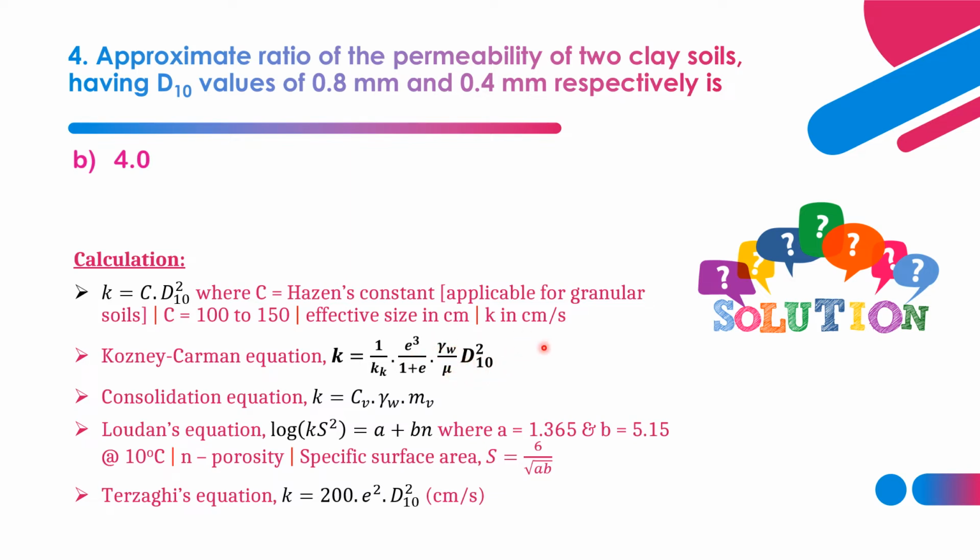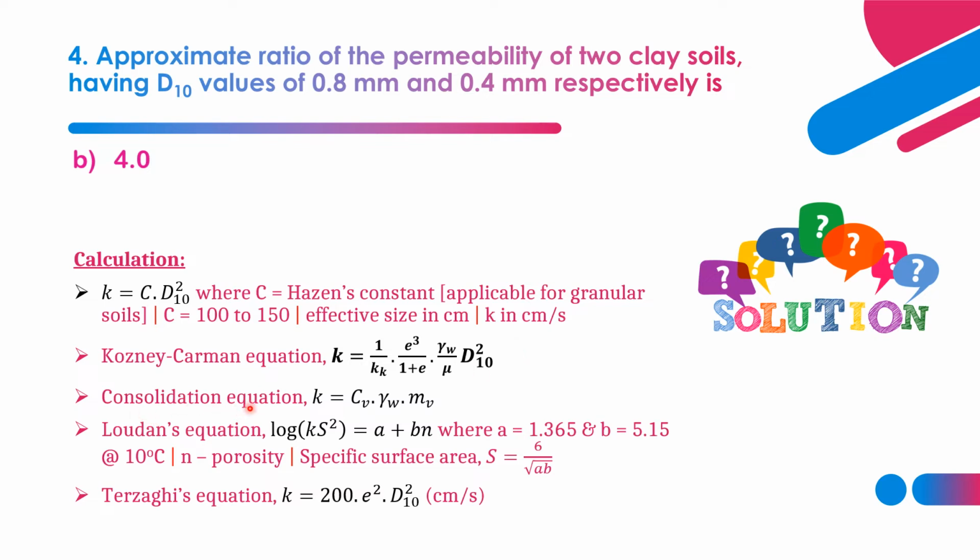For example, if we are considering kerosene, then the unit weight of kerosene divided by the dynamic viscosity of kerosene. We have to consider the properties of the fluid flowing in the pores. And D10 is the effective particle diameter, and this formula is the most important one, so that we can consider it for any given soil.